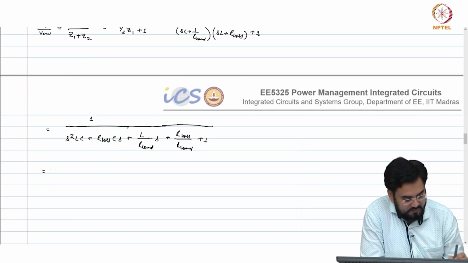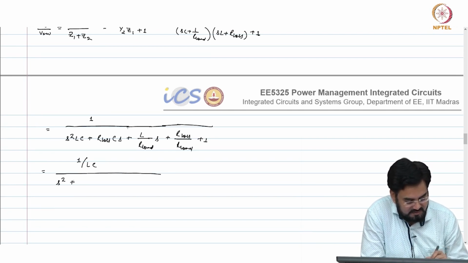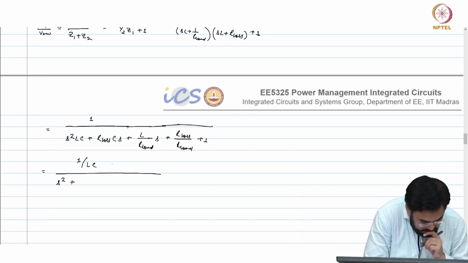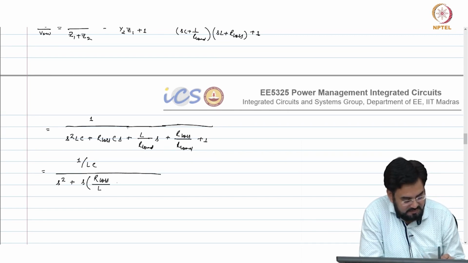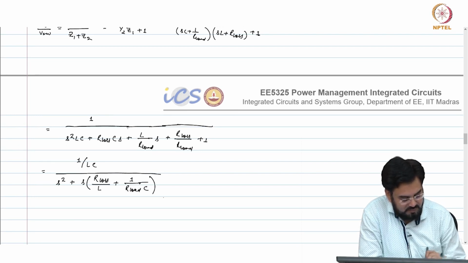Okay, so I can write this as 1 over LC, S square plus R loss over L plus 1 over R load C, S plus 1 over LC.